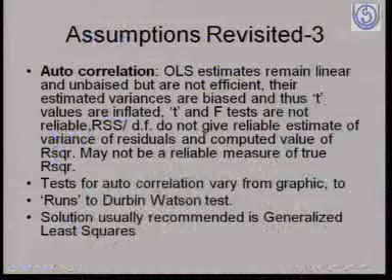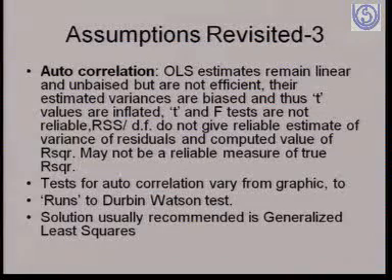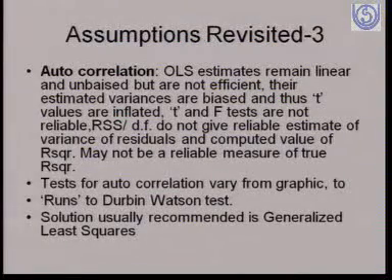And the third assumption which needs a closer examination is the assumption of autocorrelation. Recall the assumption that the covariance of Ui and Uj is equal to 0. One significant point about these autocorrelated error terms is that estimates remain linear and unbiased, but they are not efficient.